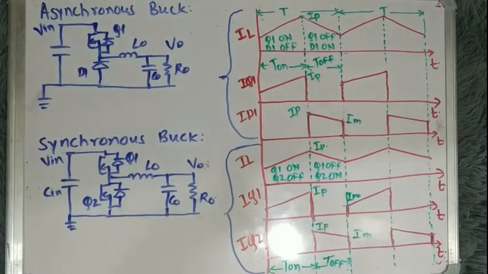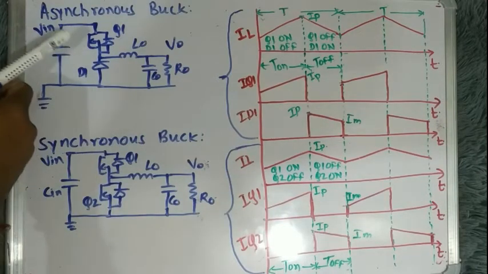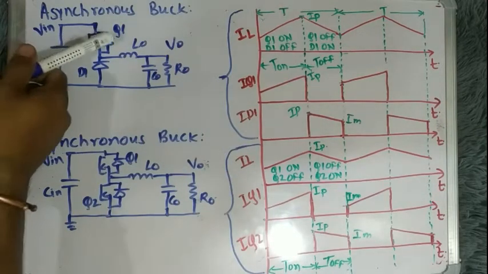Hello guys. So today we are going to learn about the CCM mode operation of the synchronous and asynchronous buck converter. I have shown you the typical circuitry for asynchronous and synchronous buck, so we will have a quick look at it. Here in the asynchronous buck converter we have high side switch Q1, shown as an NMOS switch along with its body diode.